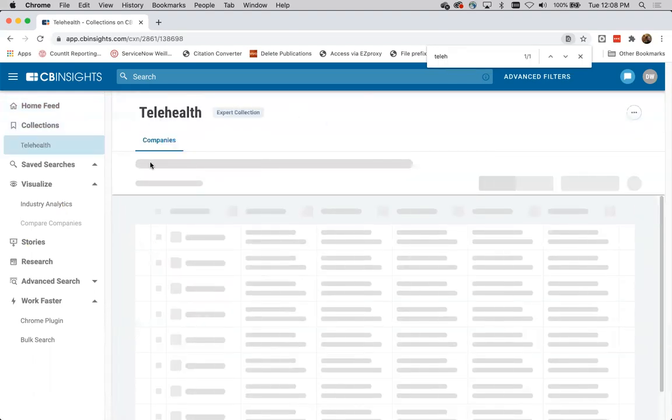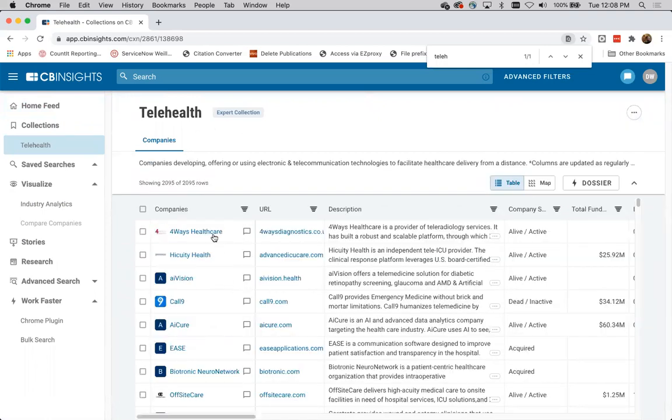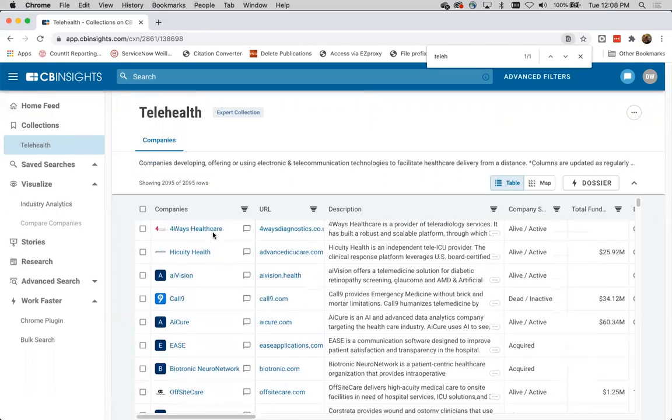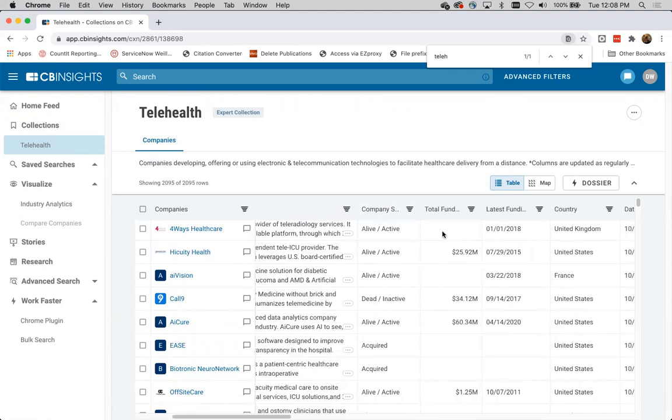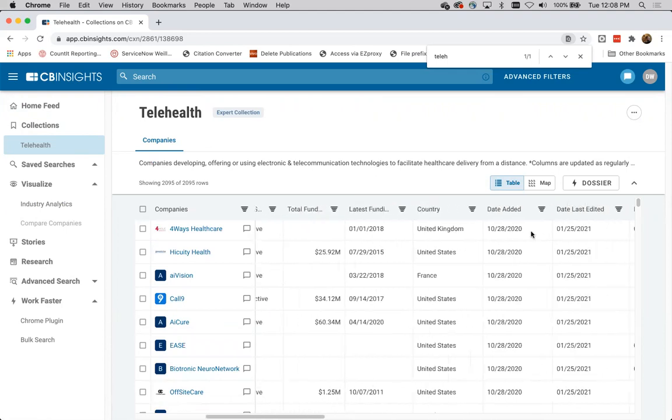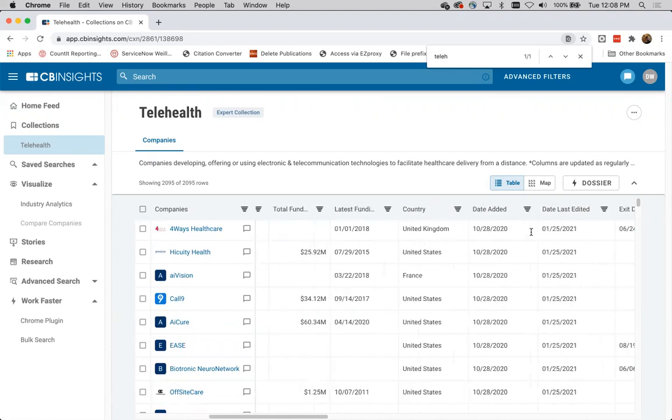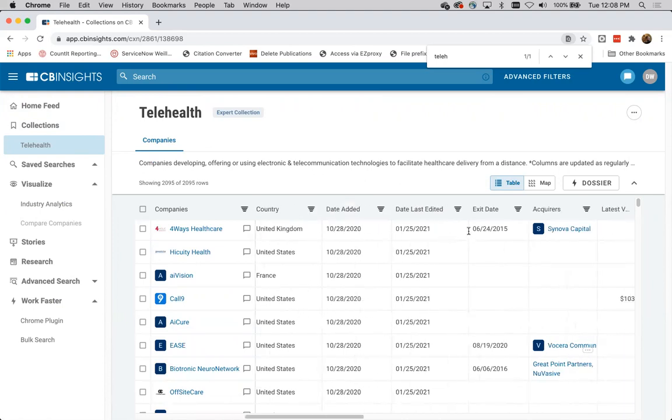If we click on the telehealth collection, it's going to display eventually a list of companies that have been indexed as being in the telehealth space. You get a lot of data based on what's available in the database, including funding information, exit date.